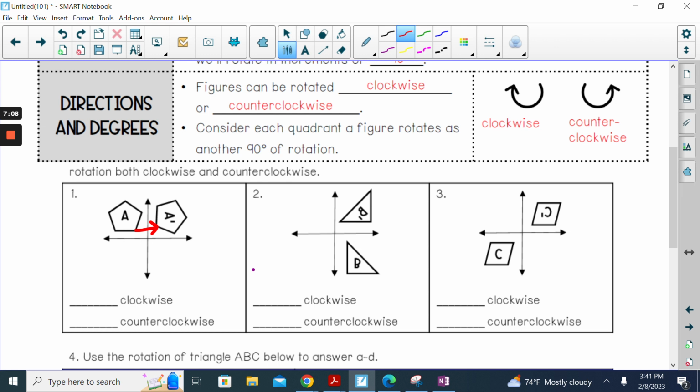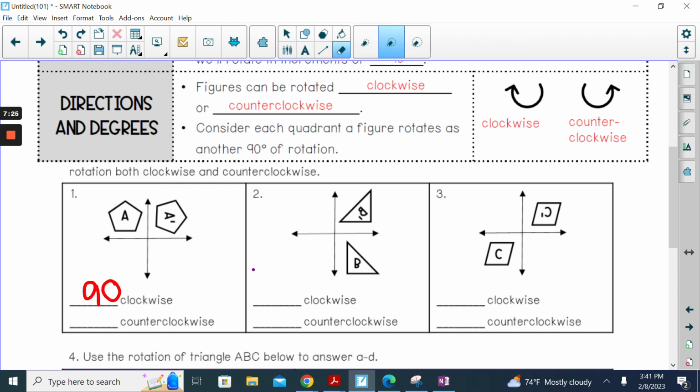And we have gone from quadrant 2 to quadrant 1. From one quadrant to the next, that is a set of 90 degrees. So we have gone 90 degrees clockwise.